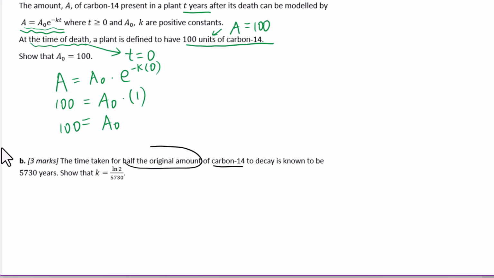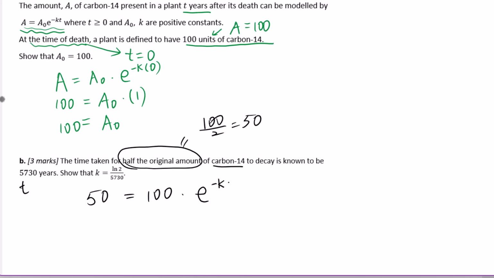Half of the original amount is 100 over 2 equals 50. So we set up the equation 50 equals 100 times e to the negative k times t equals 5,730. Then we solve for this k.